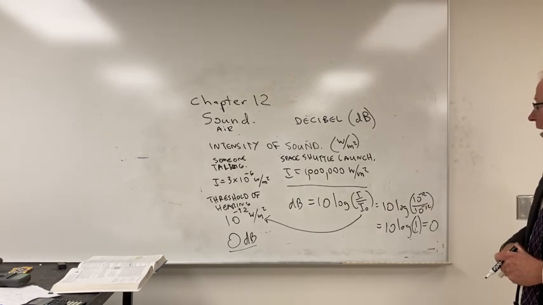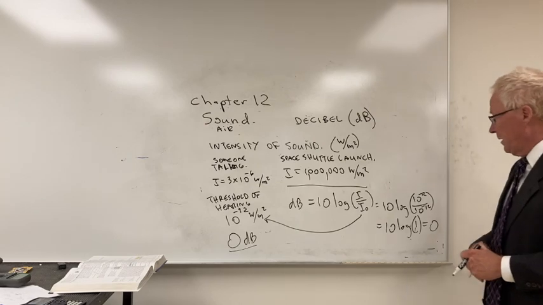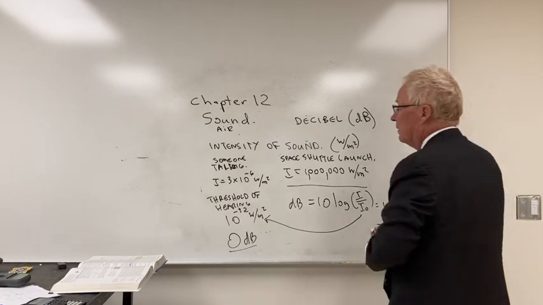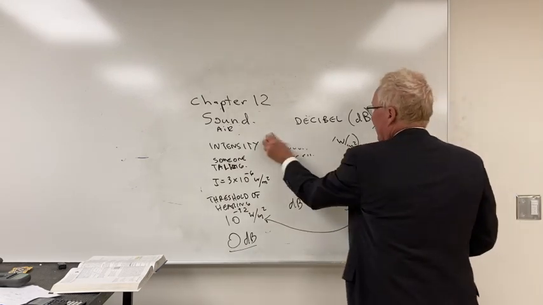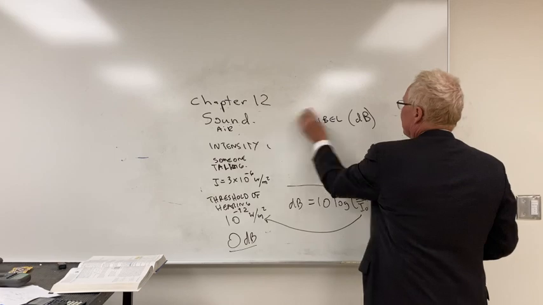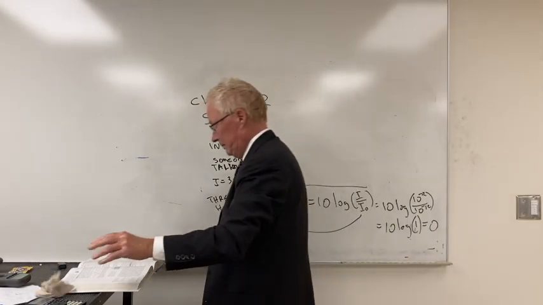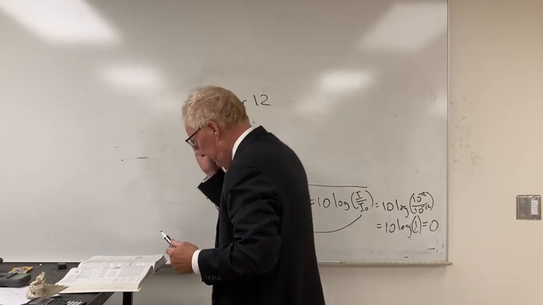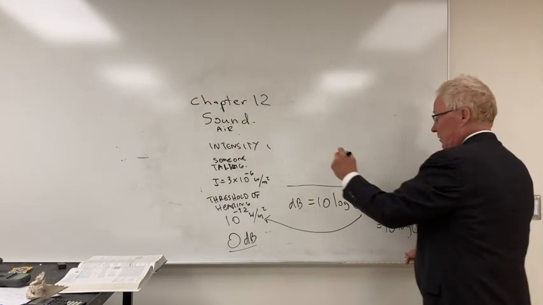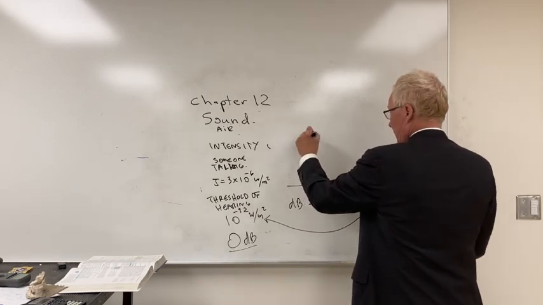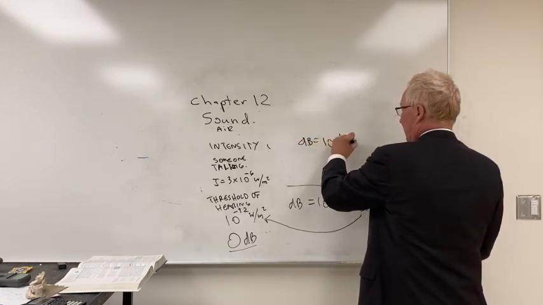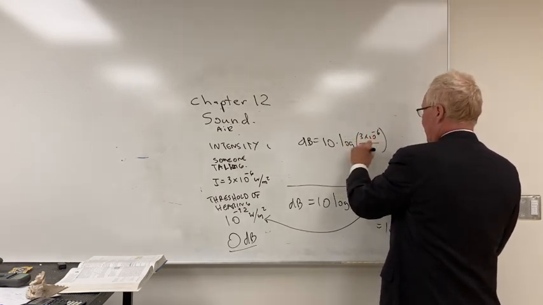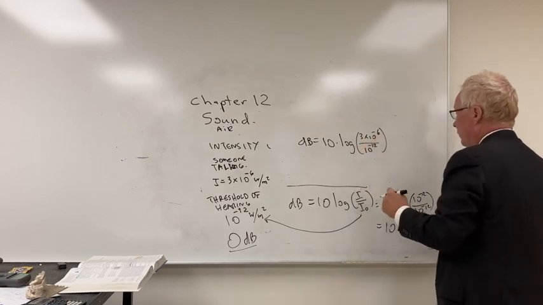If we have something higher, let's do an example of someone talking. The dB would be 10 times the log of 3 times 10 to the minus 6th over 10 to the minus 12th.